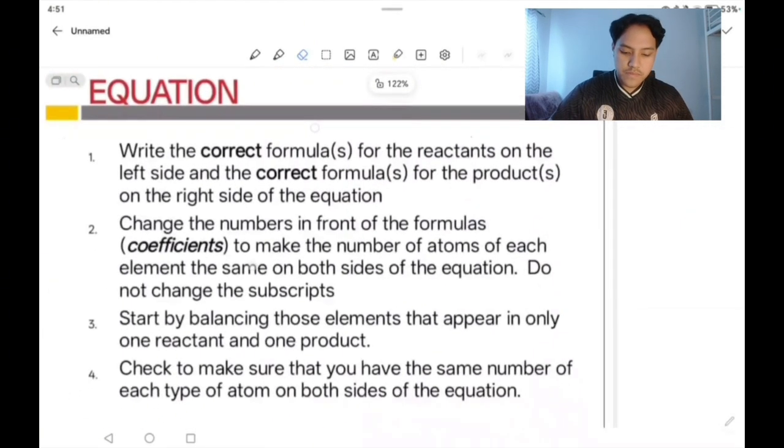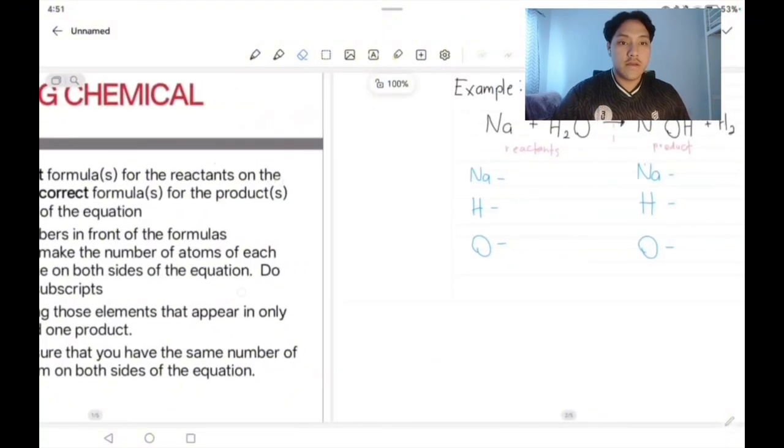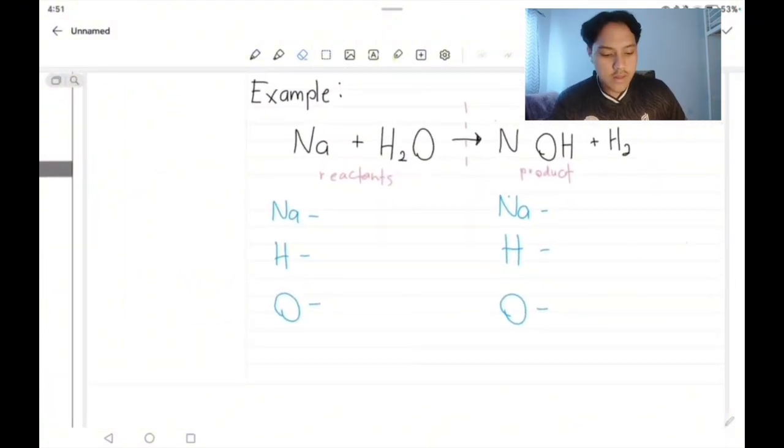Next rule is to start by balancing those elements that appear in only one reactant and one product. And lastly, check to make sure that you have the same number of each type of atom on both sides of the equation. Okay, without further ado, let's make an example for this subtopic.